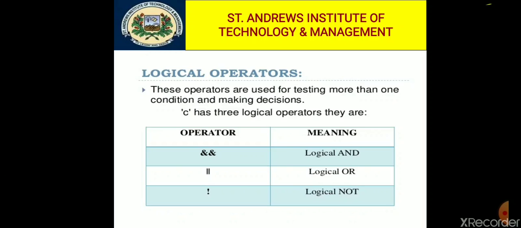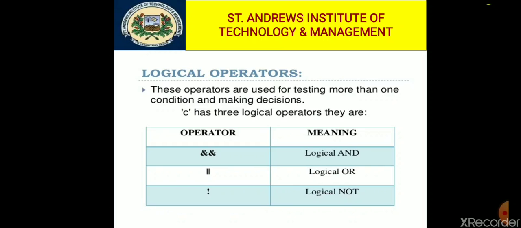Similar to logical gates, AND gate, OR gate and NOT gate. An expression formed using logical operators is termed a logical expression. The value obtained by evaluating a logical expression is always logical, that means true or false.